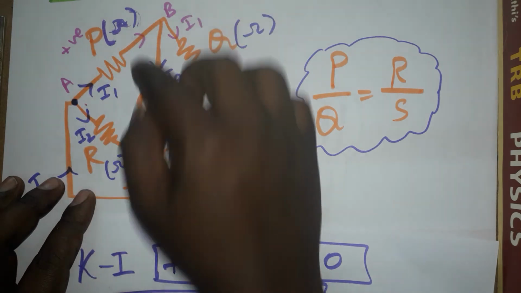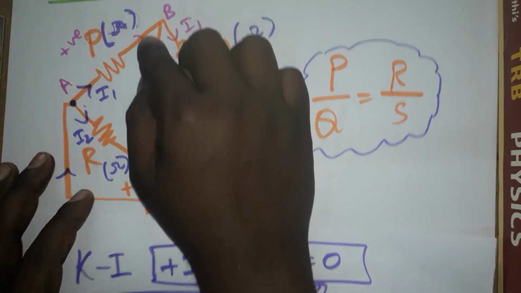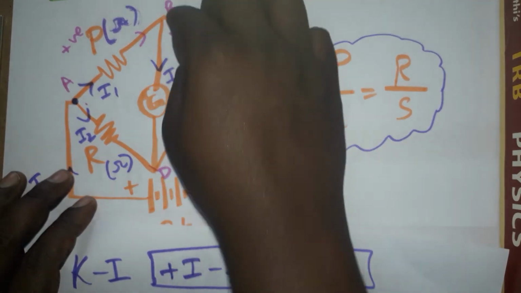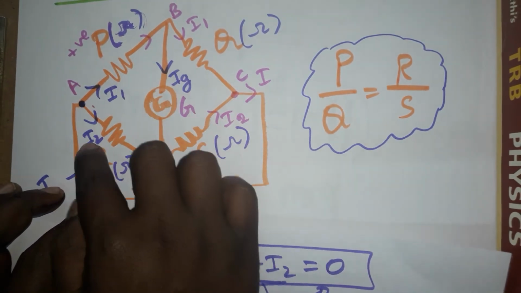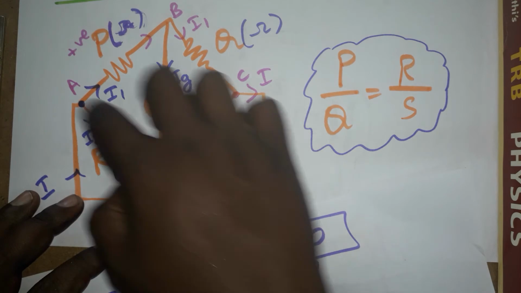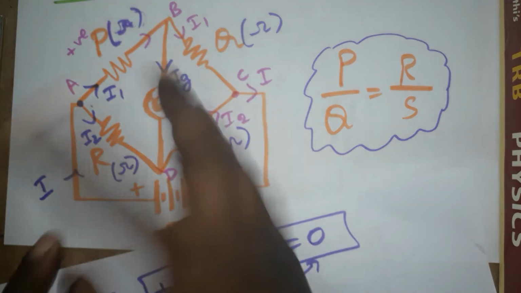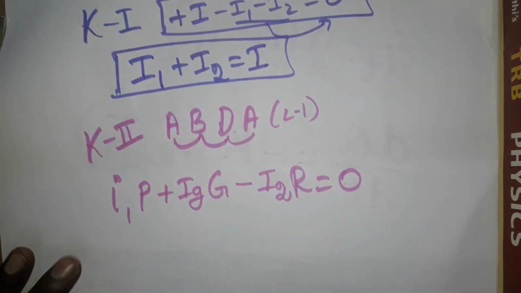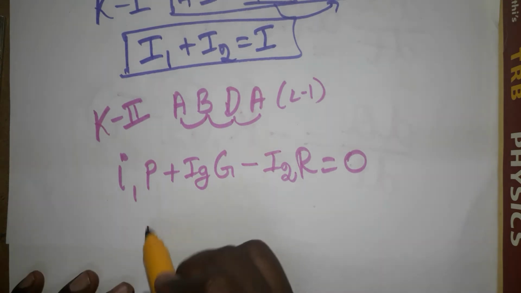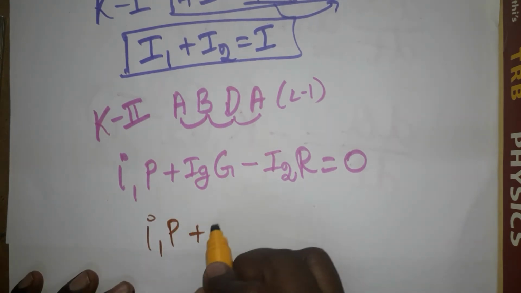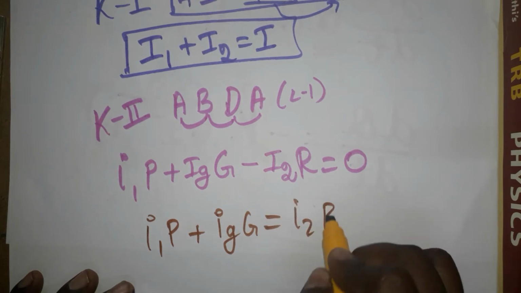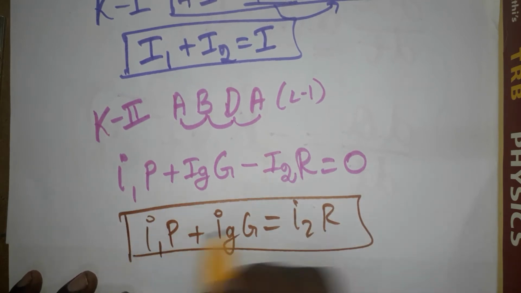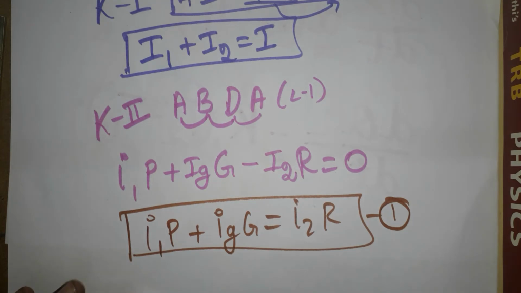AB is I1P, BD is IgG, DA is minus I2R, because the current direction is opposite to the loop direction. So I1 times P plus Ig times G is equal to I2 times R. This I take as equation 1.